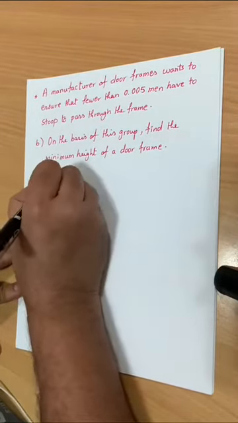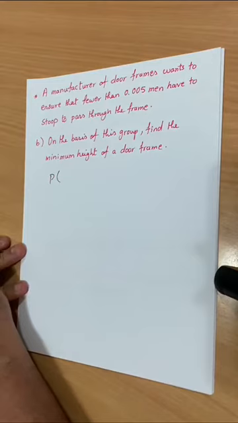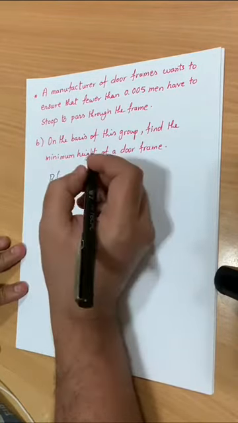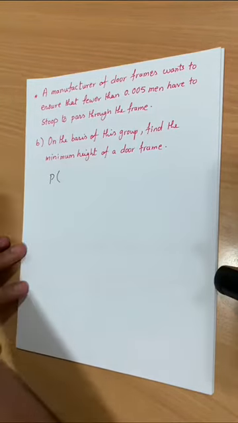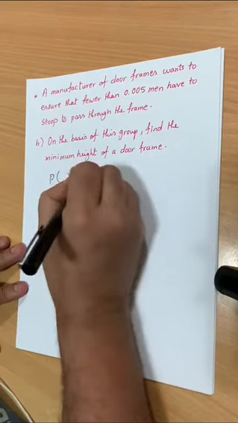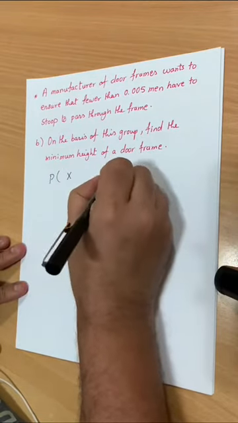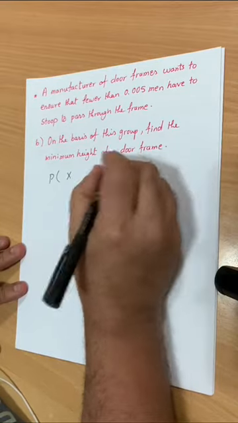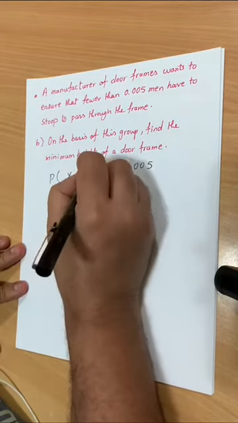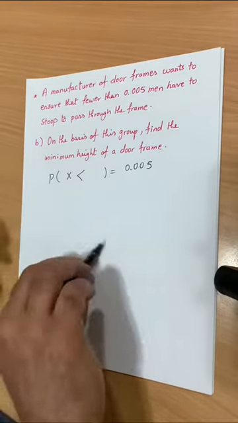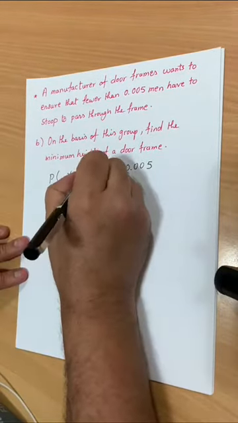So probability of x, because you have to use mu and sigma, x fewer than, here we're going to write 0.005. So we're going to write less than what? This value is unknown. So let's write here, for example, a.